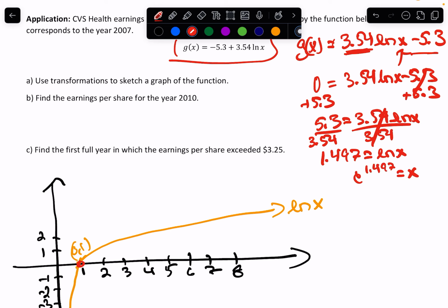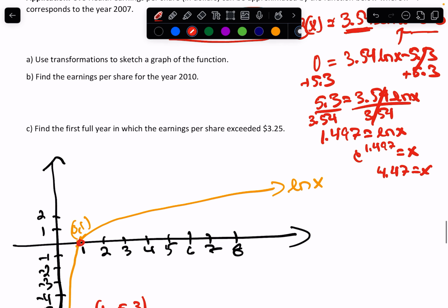So let's see what we get. e to the power of 1.497 gives us 4.47. So this is the x-intercept.